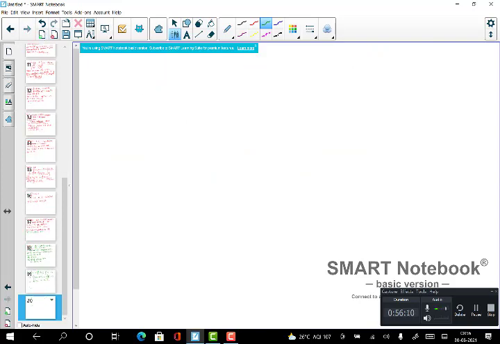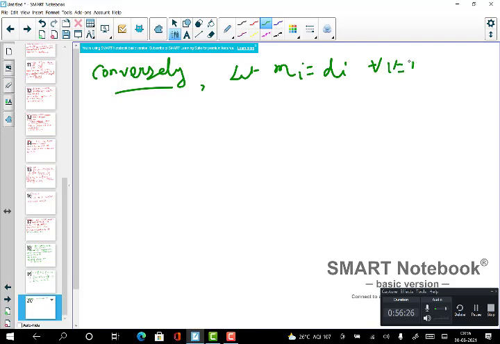Now conversely we can also prove the converse. Suppose that Mi equals Di for all i equal to 1, 2, up to k.